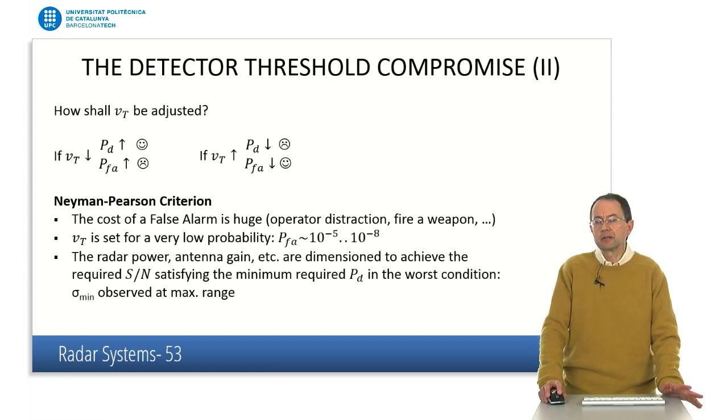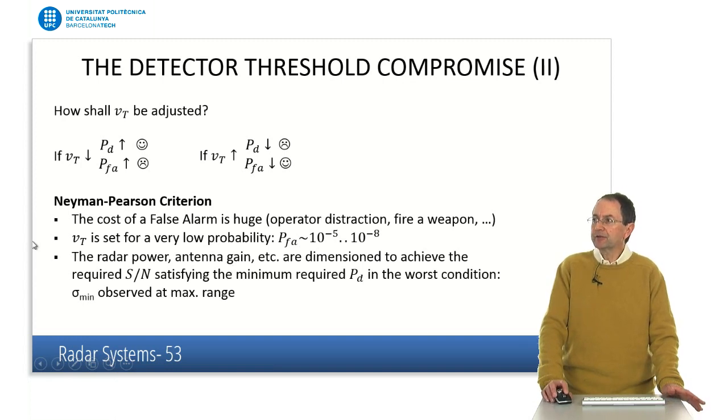So in radar, false alarms are really costly errors, so we are going to limit them as much as we can. VT is normally set for reaching a very low probability of false alarm, typically 10 to the -5, 10 to the -6, up to 10 to the -8. This is the acceptable probability of false alarm for a radar.